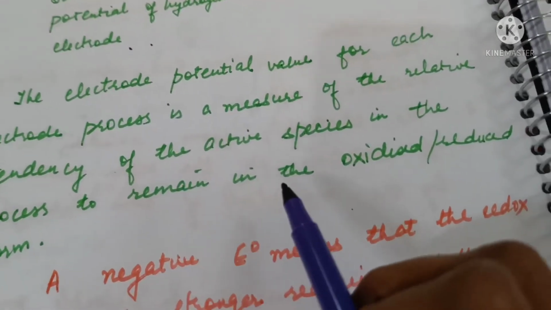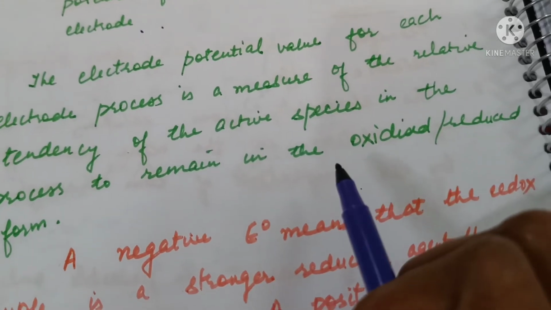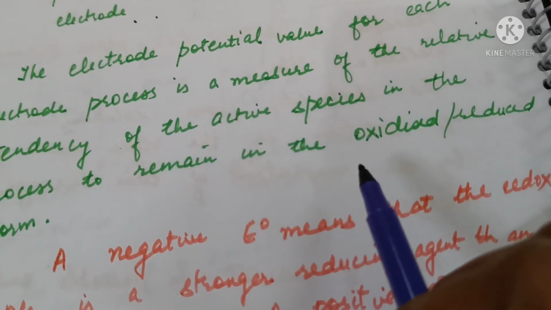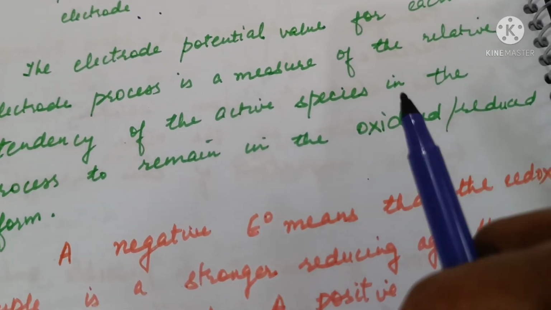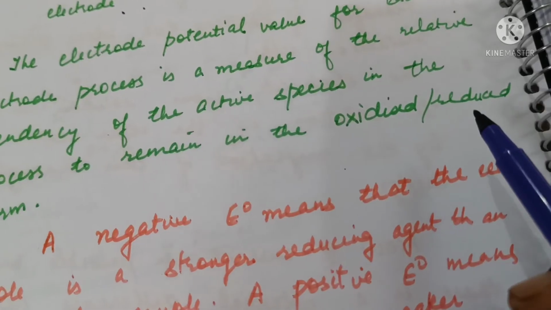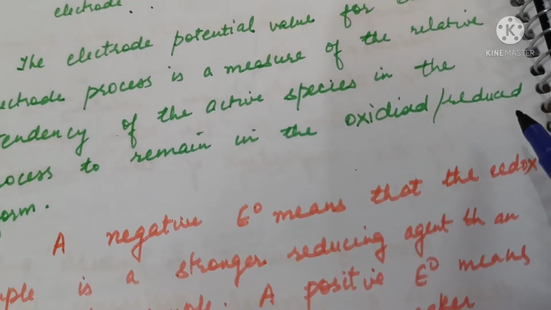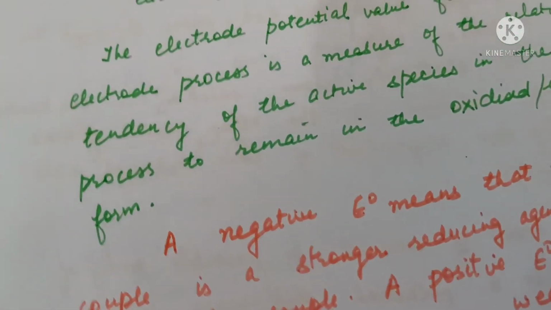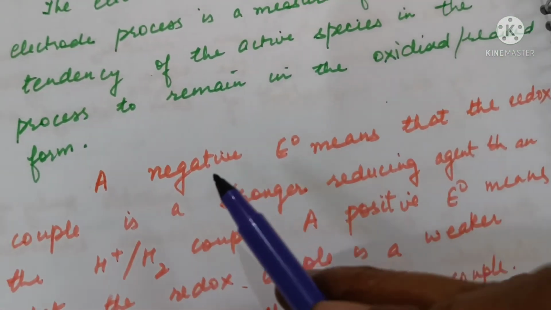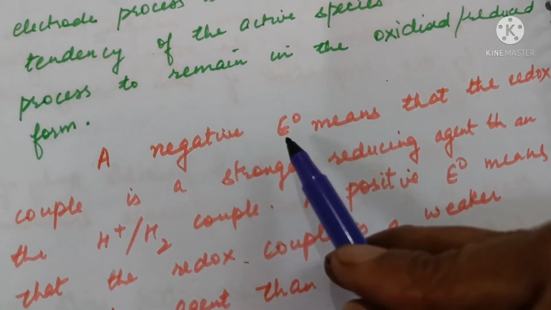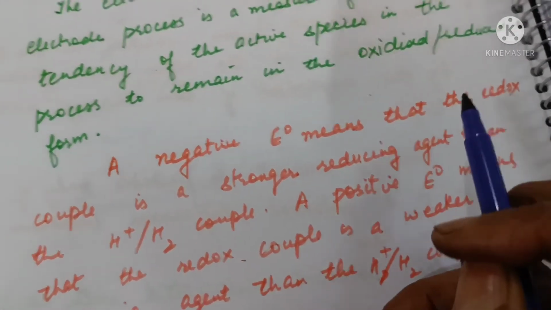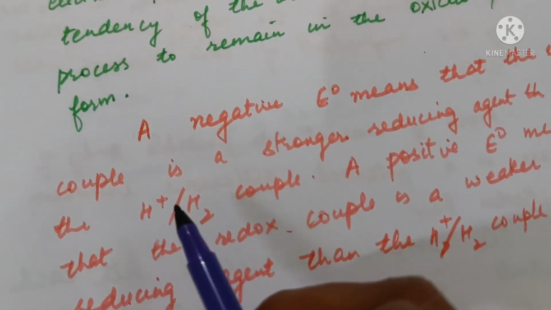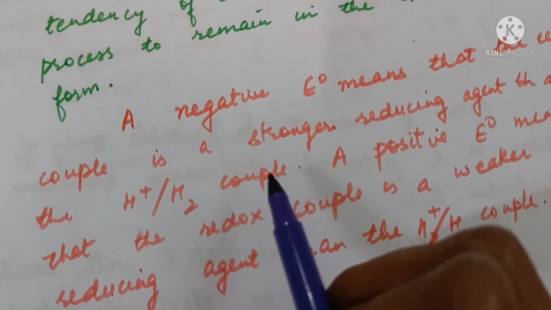A substance having a tendency to stay in the oxidized form acts as a reducing agent, and a substance which has a tendency to remain in the reduced form will be acting as an oxidizing agent. A negative electrode potential will mean that the redox couple is a stronger reducing agent than the hydrogen ion to hydrogen couple.